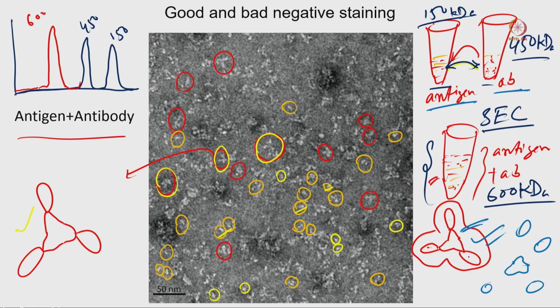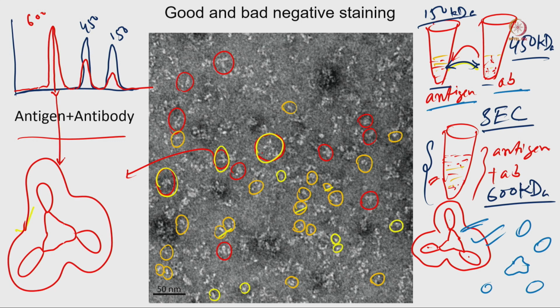Then any unreacted antigen and antibody will elute later like that. So if we take this sample, most of the time we will isolate a complex sample, and that will be well distributed here. In that case we will get rid of these two components from our sample, and that will give us much better images.